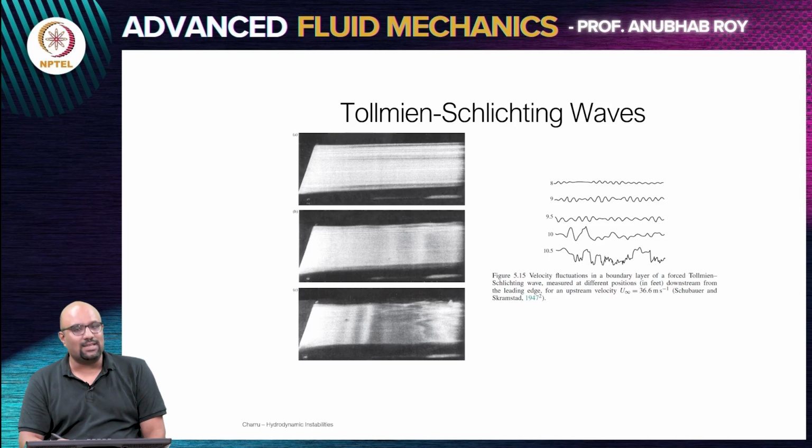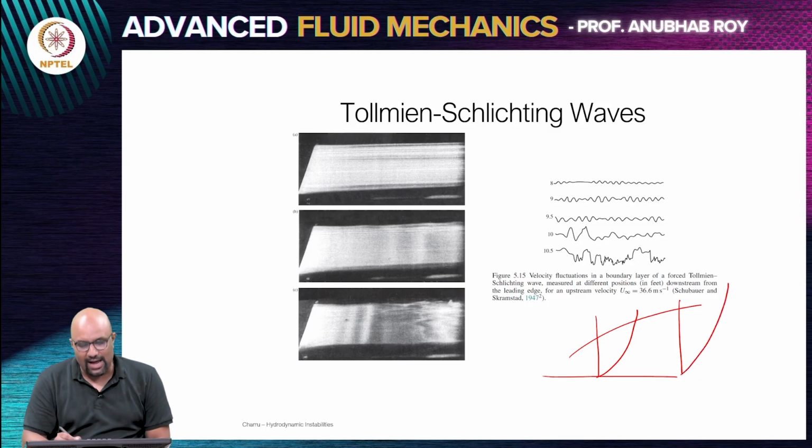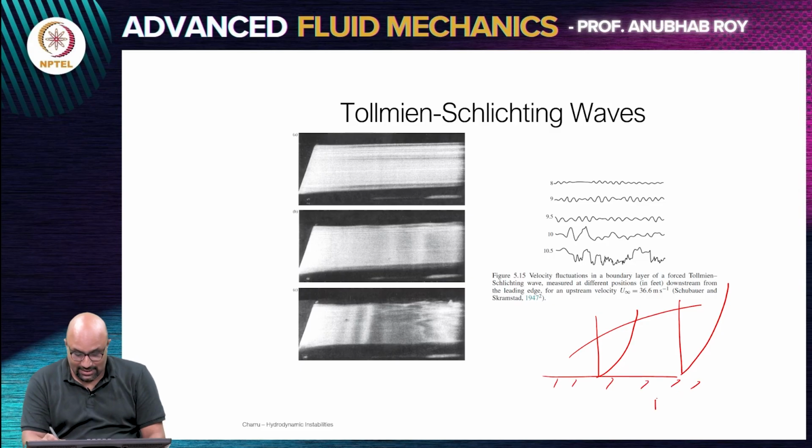We said Blasius's theory tells us that once you have achieved the Blasius regime, you will have a velocity profile where the boundary layer keeps growing like this, and you will see increasingly smoother profiles. You will have the flat plate boundary layer continuously growing forever. The Rex that we wrote down, which was u infinity x by nu, there is no bound to it. It can keep becoming as large as possible.